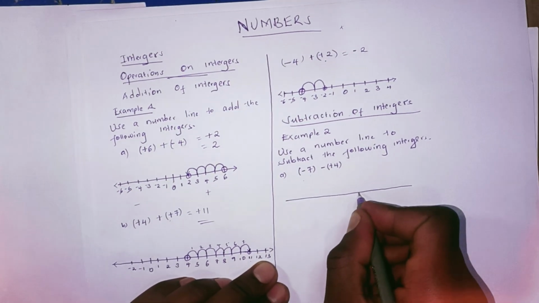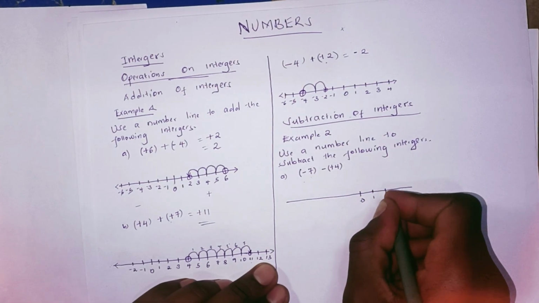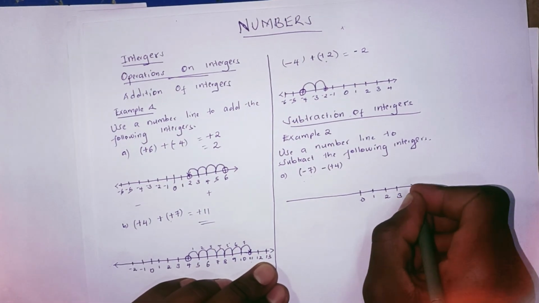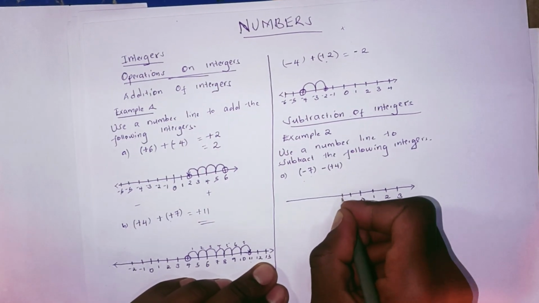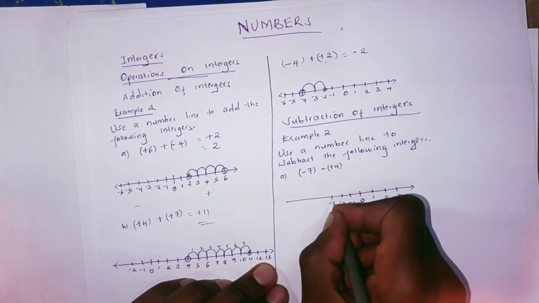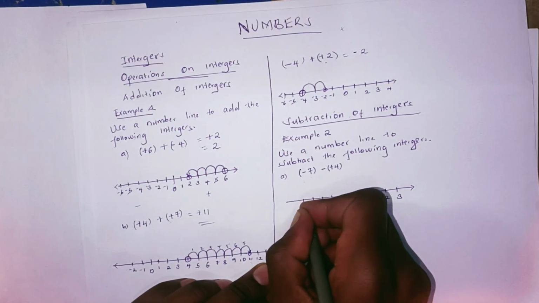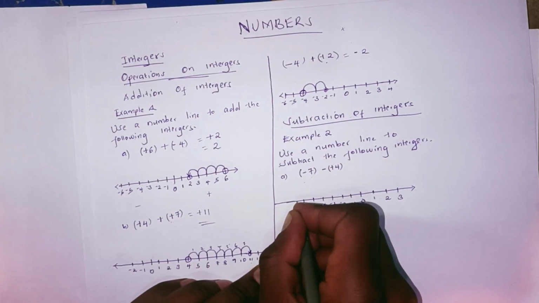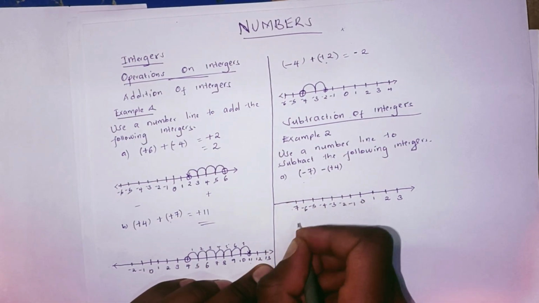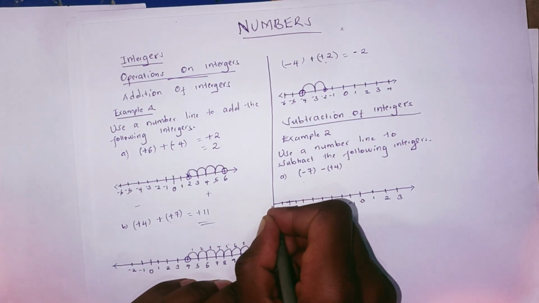Write 0, then 1, 2, 3. Then I'll move to the negative side: negative 1, negative 2, negative 3, negative 4, negative 5, negative 6, negative 7, negative 8, negative 9.